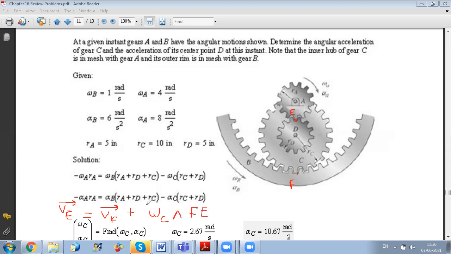And now let us replace each term by its expression. For point E, it is along minus I, and it's equal in magnitude to omega A times A. So we replace VE by minus omega A times A along I, equals to.